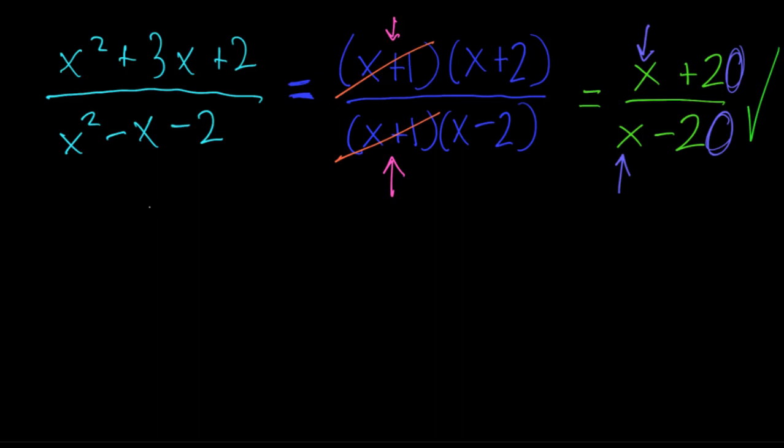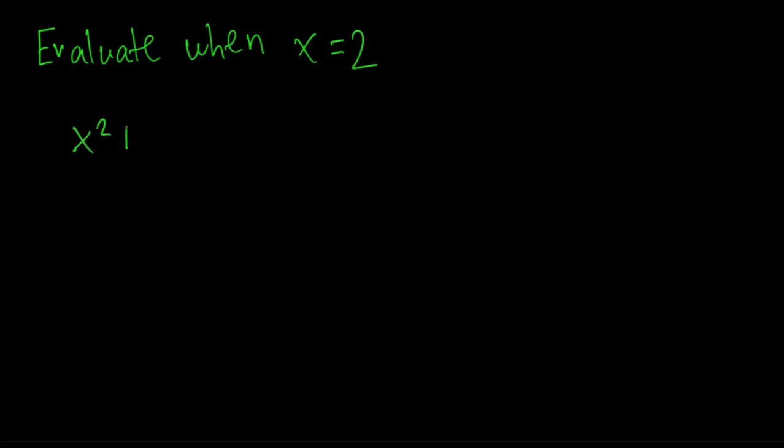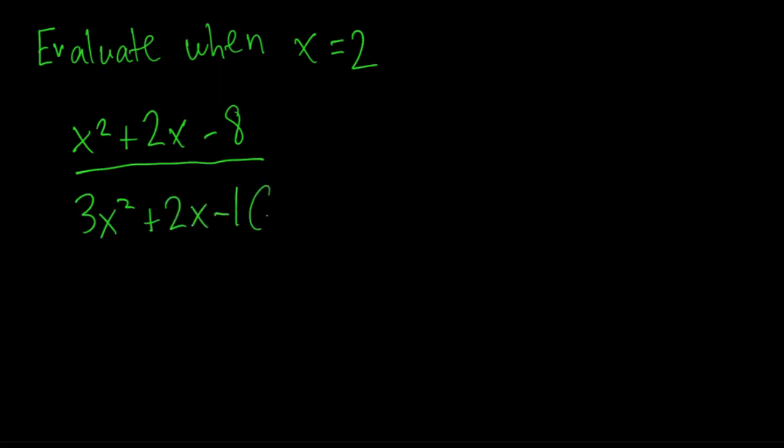This one is a bit more difficult. You need to evaluate the expression when x is equal to 2. The expression that's given is x squared plus 2x minus 8 divided by 3x squared plus 2x minus 16.